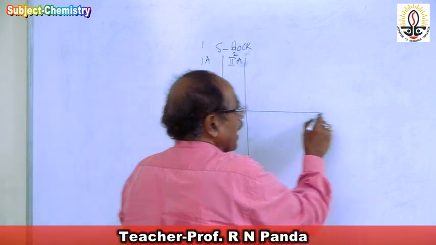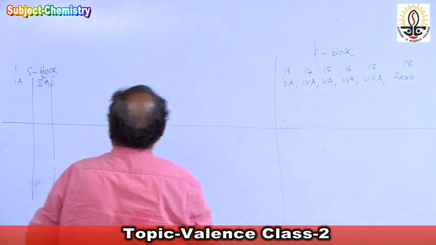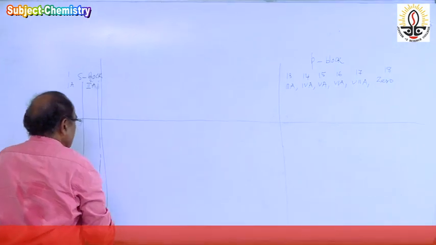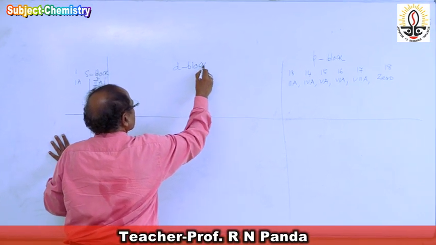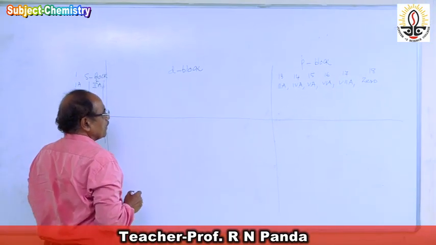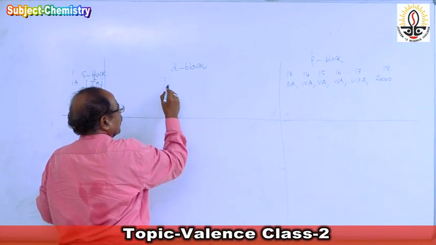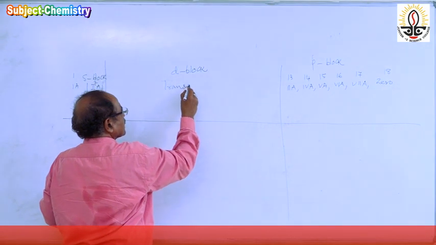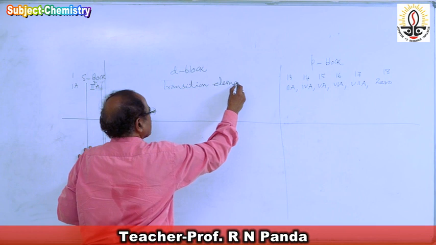Now, in between, we have the D block of the periodic table. Here the electrons are placed in the D group of the periodic table, and these elements are called transition elements.